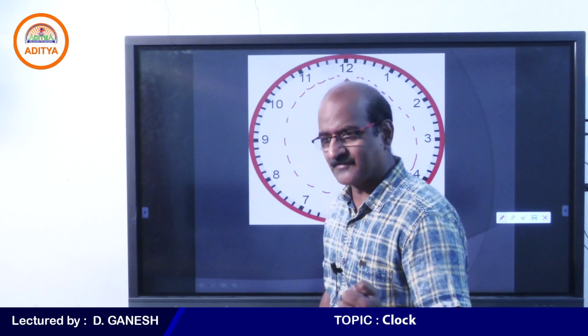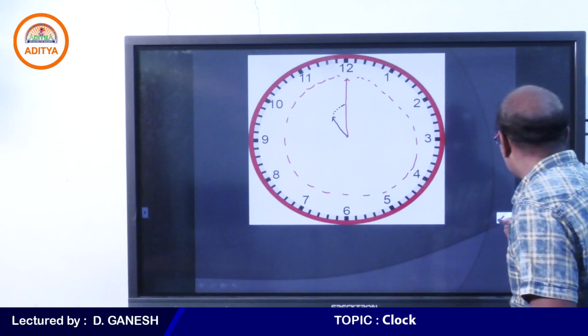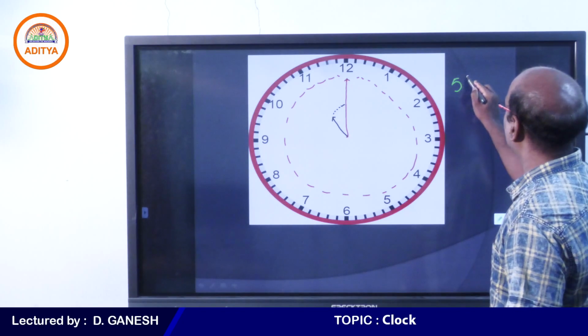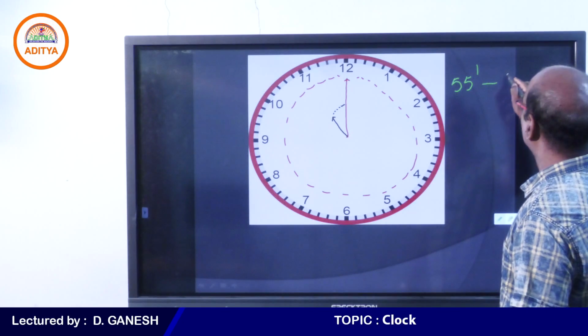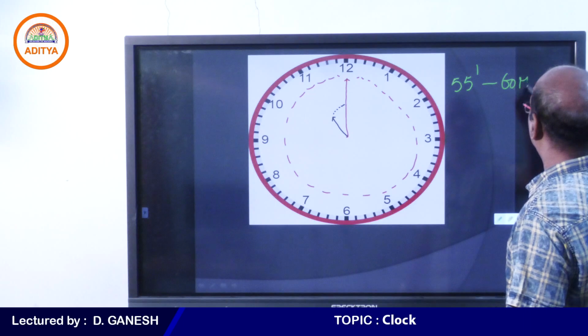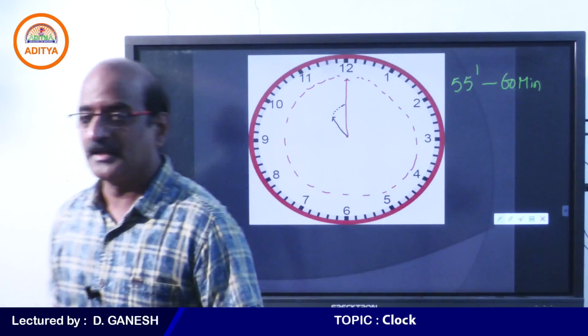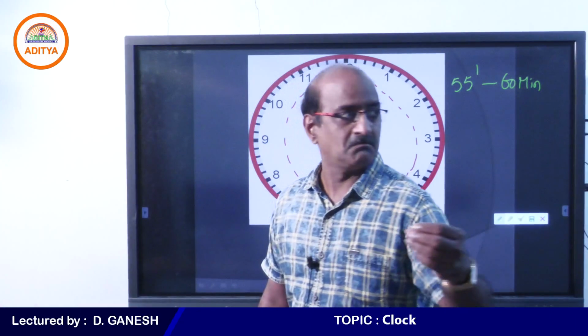Therefore, the simple concept is the minute hand covers 55 divisions more in every 60 minutes. The minute hand moves 55 divisions more in every 60 minutes.